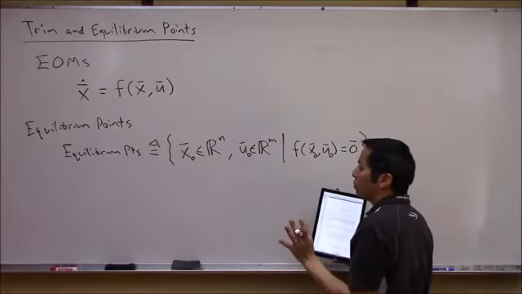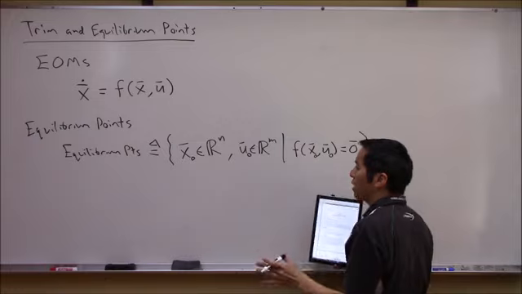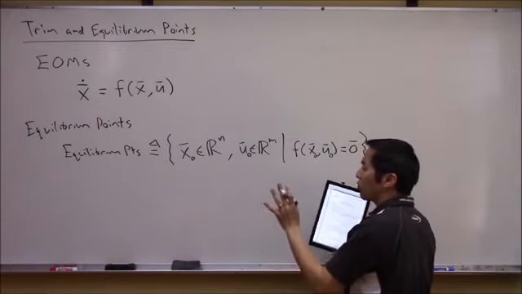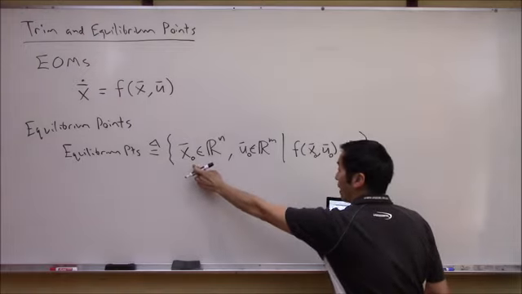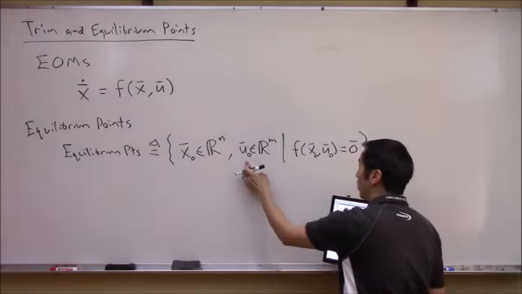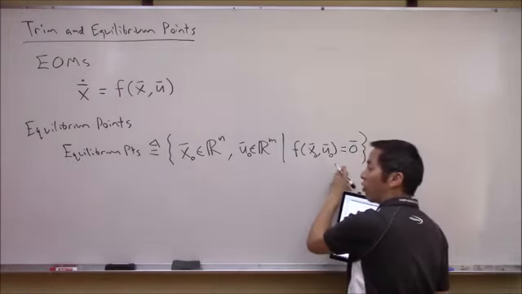They have the magical property that if you can find these values and place the system at this state and with this control input, it's not going to go anywhere at all, right?